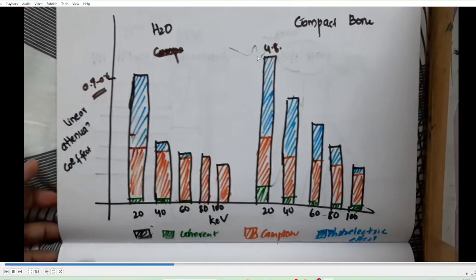So bone has a linear attenuation coefficient a lot more than water. With such a large differential, the X-ray image will display a great deal of contrast.